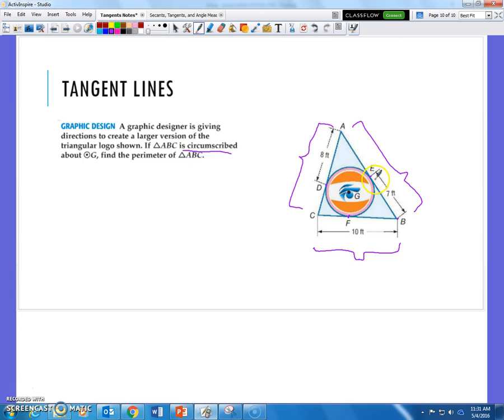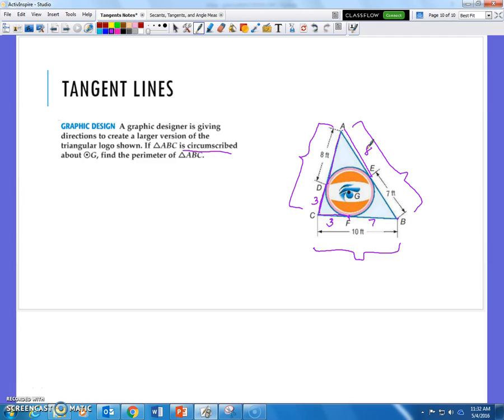So I know that this is 7, then this guy is 7. And I know the whole thing is 10, and 7 of it is used, so that means this guy is 3. And I know that this is tangent, so CF must be congruent to CD, so that must also be 3. And finally, AD, that section, is also congruent to that section. This must be 8.